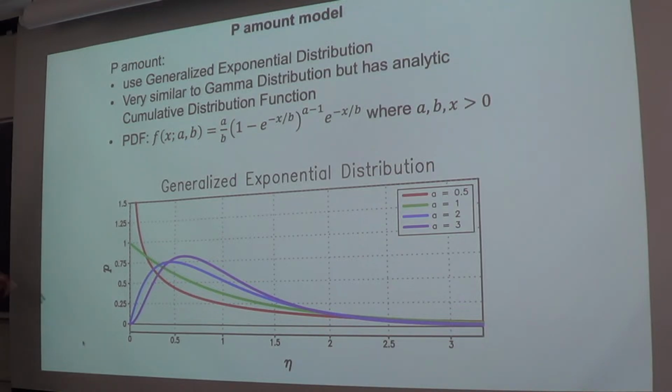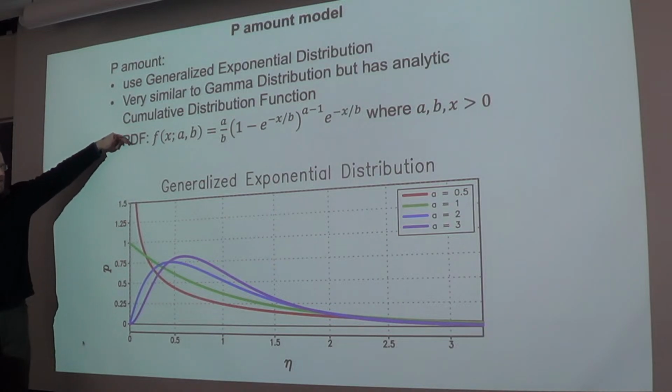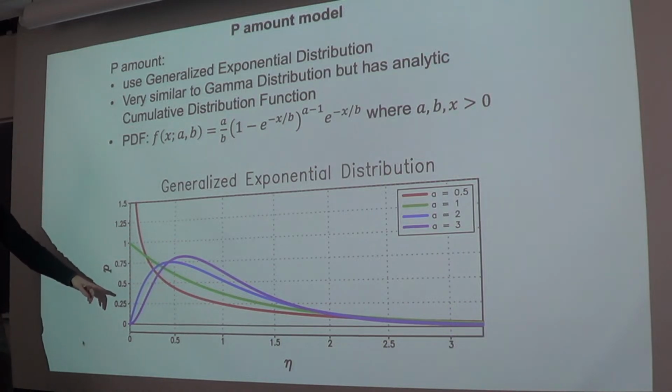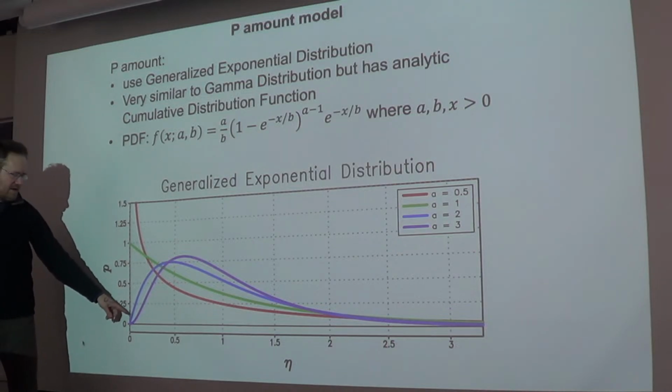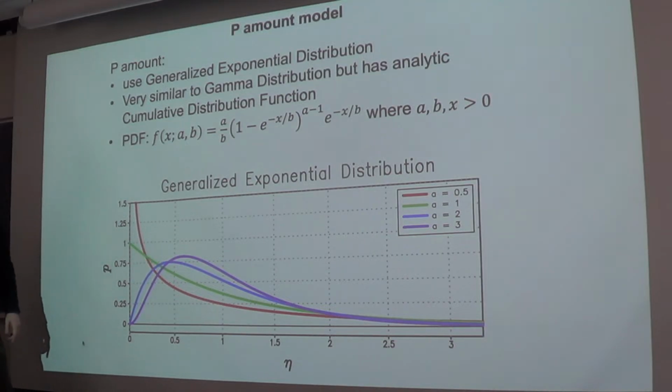So for a small shape parameter, the distribution peaks up at 0, and then it decays away. And for a shape parameter of 2 or 3, the most likely value is shifted off the origin, and it will go down to 0 here. And for A equals 1, that's the same as an exponential distribution.